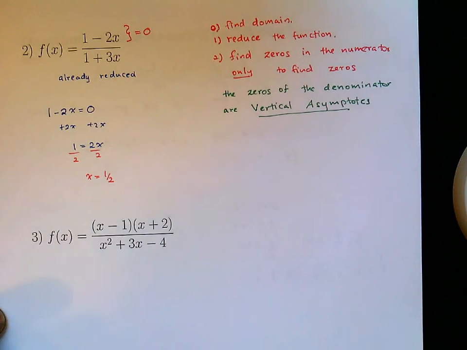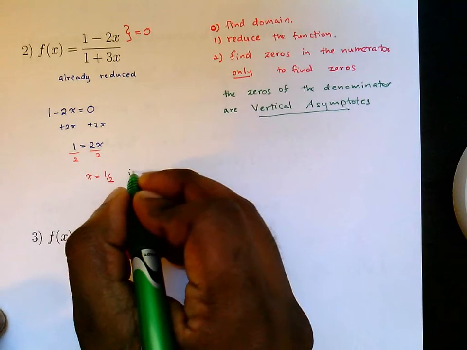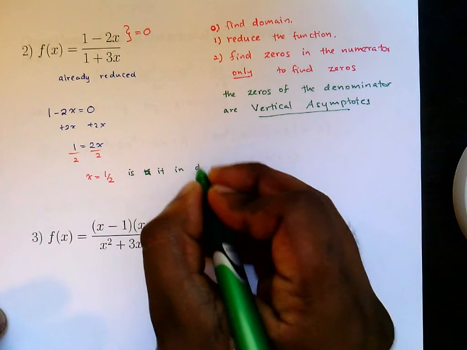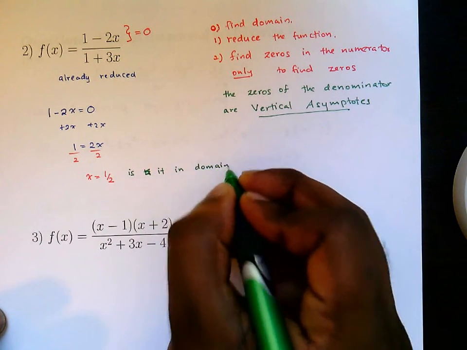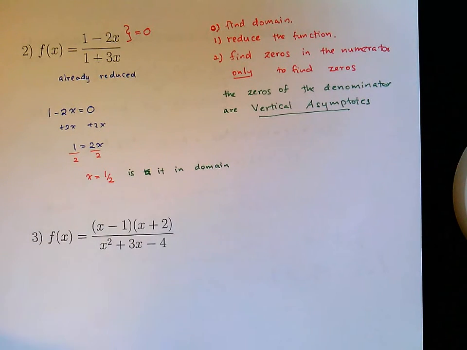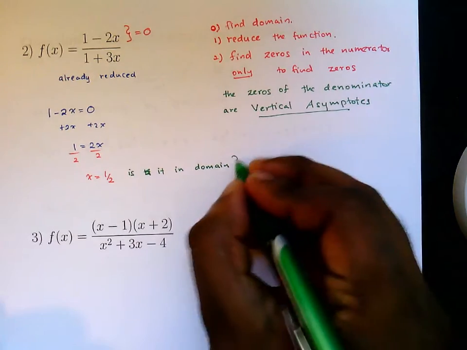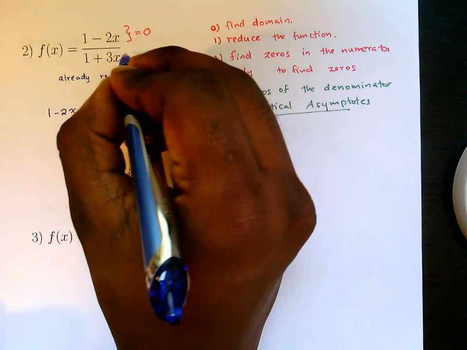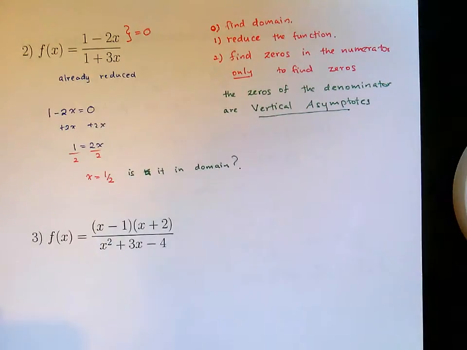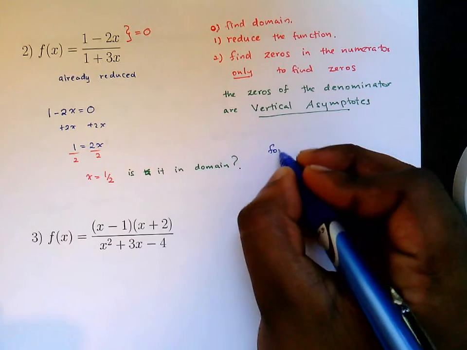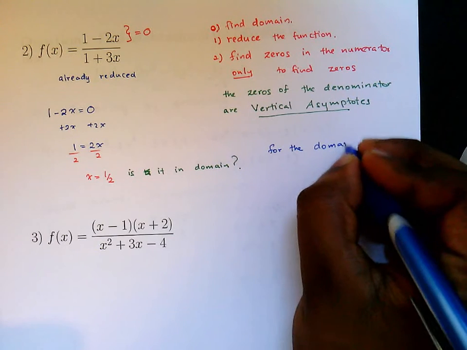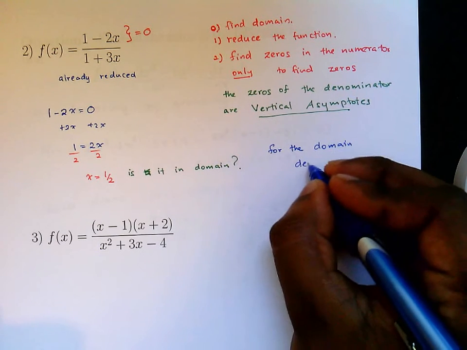At that point, just make sure it is in the domain. I just made that point, that it's not important. It is important. At that point, you need to check whether it's in the domain. Let's see what the domain is. To find the domain, the denominator shouldn't be 0.